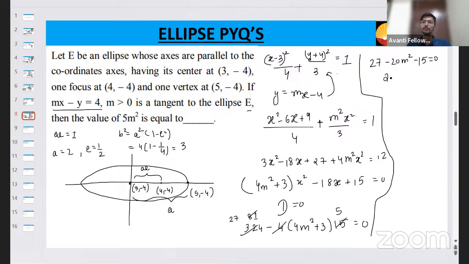That means 20m² = 12. So 5m² will be equal to 12 by 4, which is 3. So 5m² = 3 is our answer. It is an integer type question. That's why. Let's look at the next question.